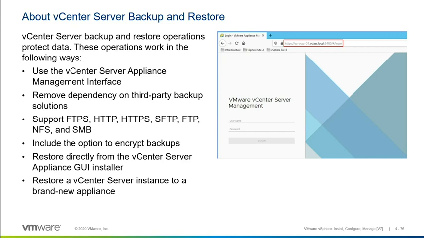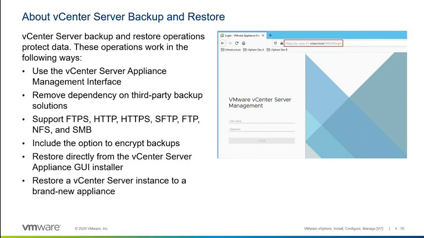Now, as we are moving the backup out of vCenter, we support FTP, HTTP, HTTPS, NFS, and SMB or CIFS shares as protocols and their secure equivalents to store this backup data, these zip files.